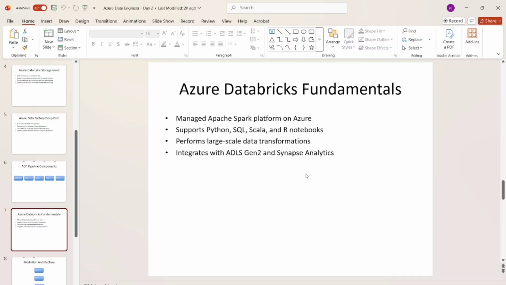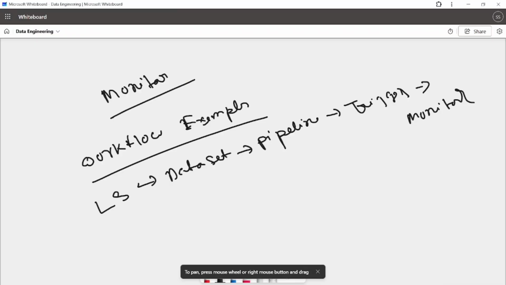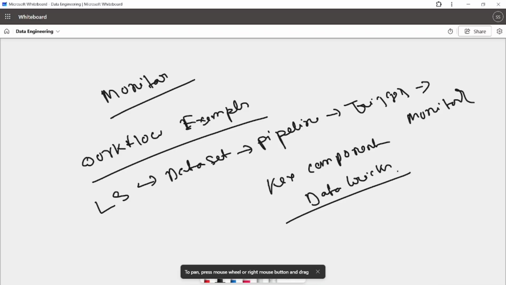Key components. If you see the key components of Databricks, what are the key components? Workspace, cluster, notebooks and jobs.